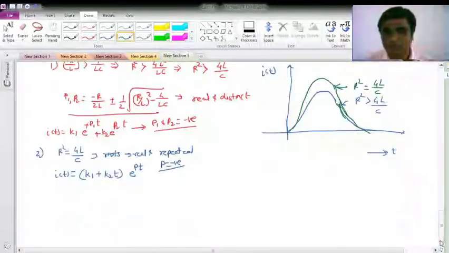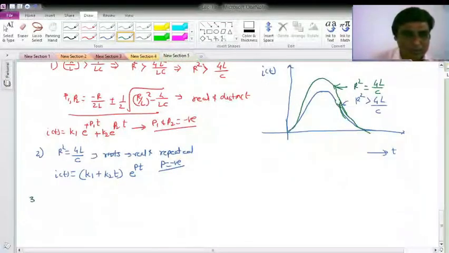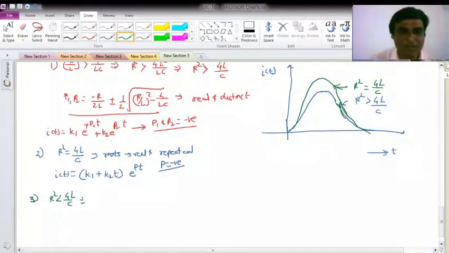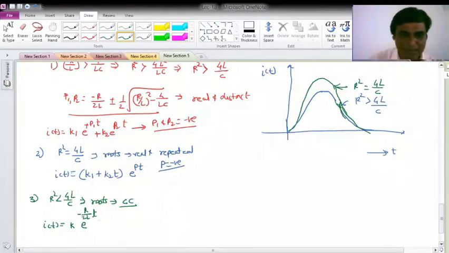And now the third case, when R square is less than 4L upon C, then your roots will not be real, it will be a complex conjugate pair. At that time the current will be some constant K into e raised to minus R upon 2L t into sine omega t.